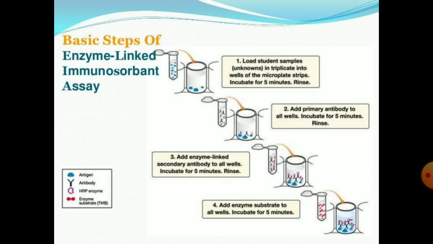In step 3, we add enzyme linked secondary antibody to all wells and incubate again for 5 minutes, and then again we rinse it. At the last step, we add enzyme substrate to all the wells and incubate it for 5 minutes. These are the basic steps which we use in ELISA.